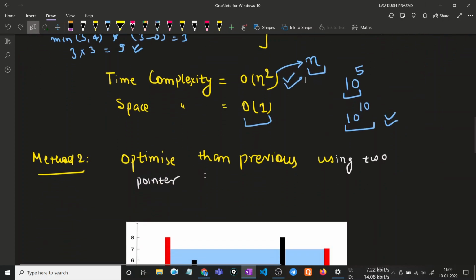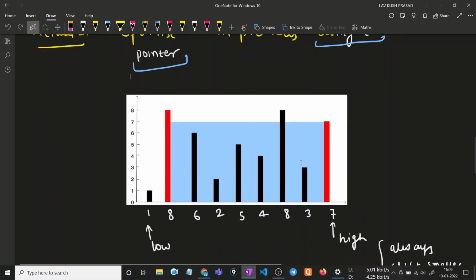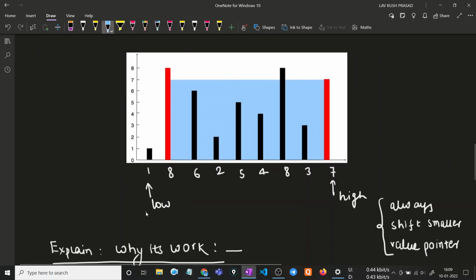So another optimized method is we can use two pointers here, right? So let's discuss how two pointers work here. Suppose that we have two pointers, low and high, right? First of all, take another variable answer, and we can store the answer for the current area.